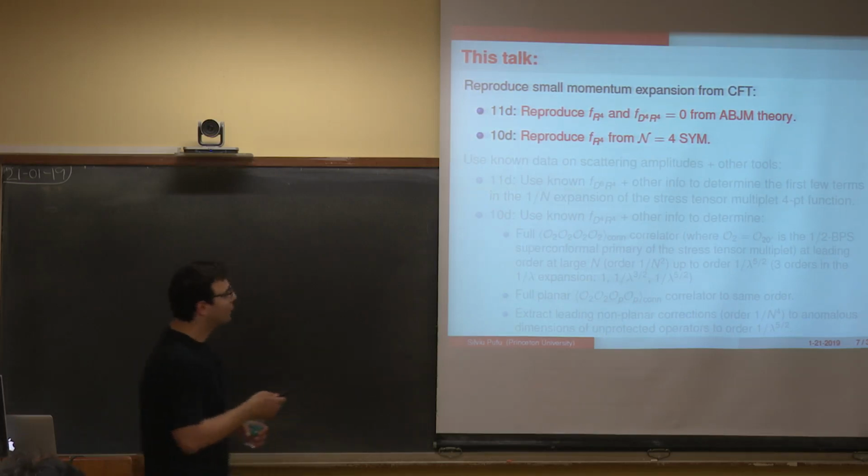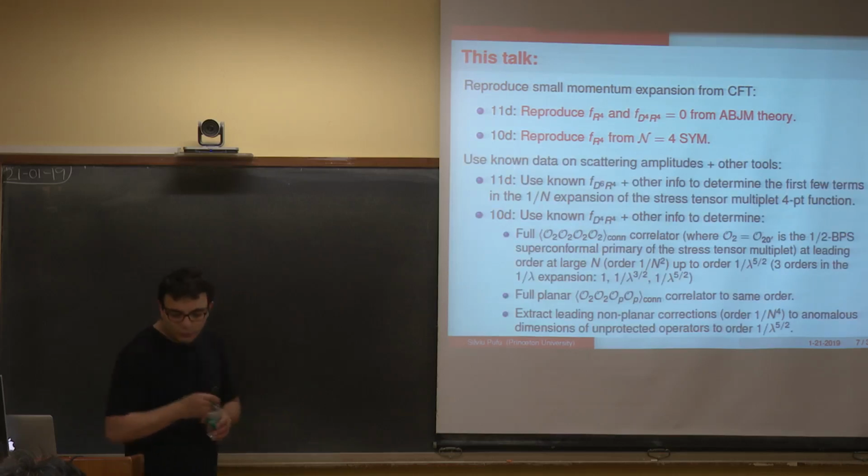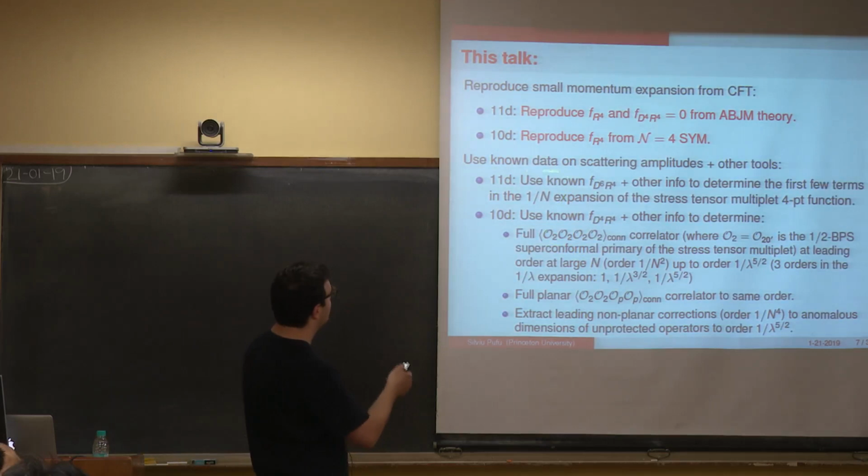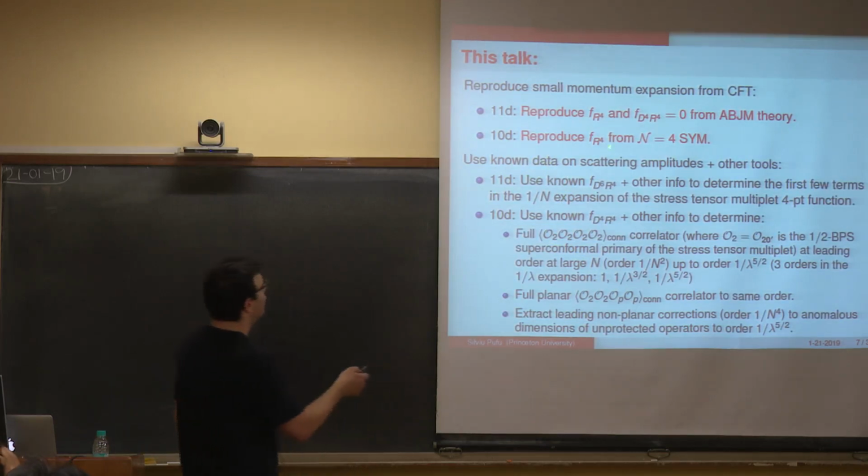The other thing that I'll show you is to use the known facts about scattering amplitudes and the other things that I'll tell you to learn more about the CFT.